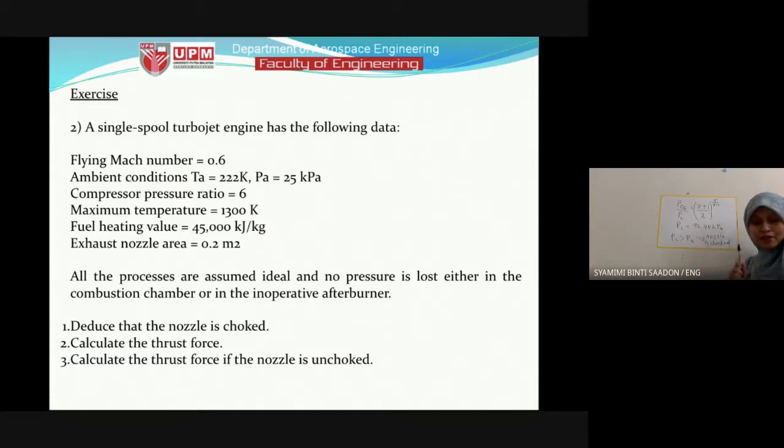So we have answered the first question. The nozzle is choked at the critical point because the critical pressure is higher than the ambient pressure.